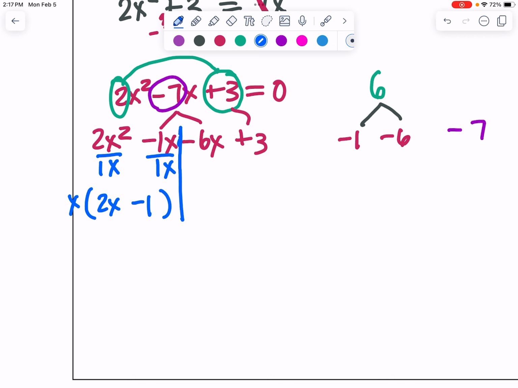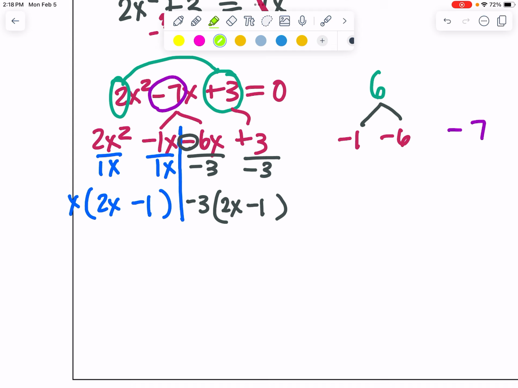Over here, the leader is negative, so my GCF is automatically negative. And then we can also divide by 3. So we're going to write -3. -6 divided by -3 is 2. With the x, 3 divided by -3 is -1.